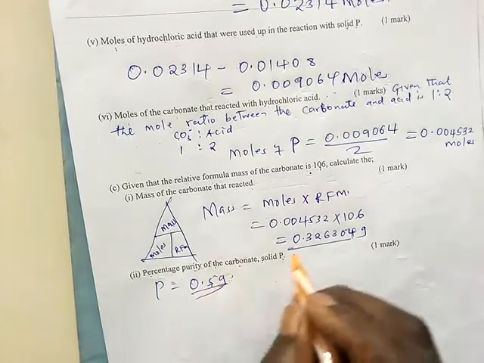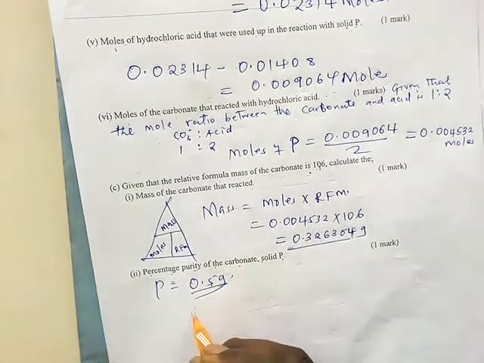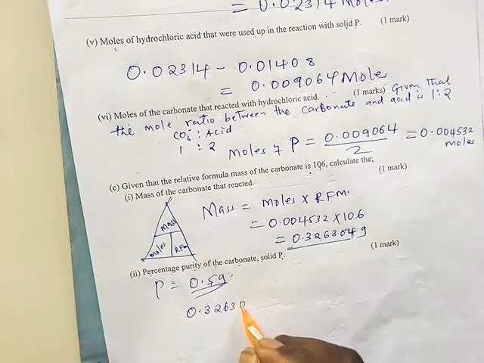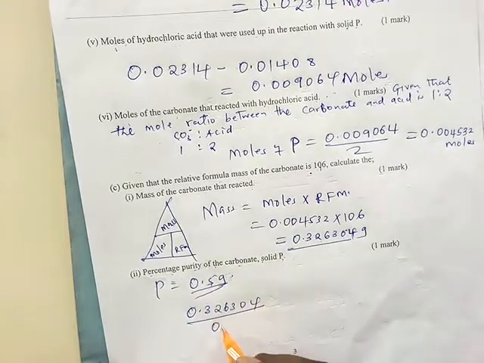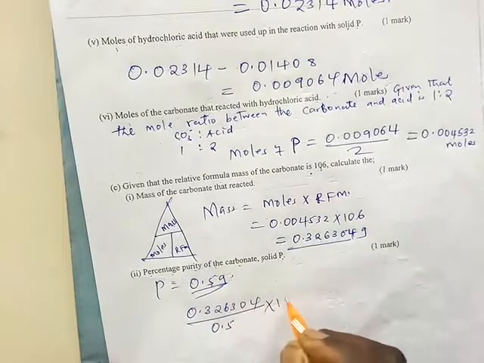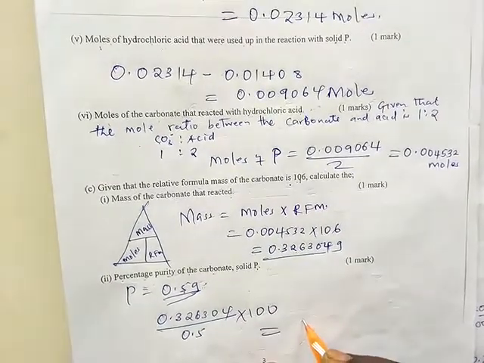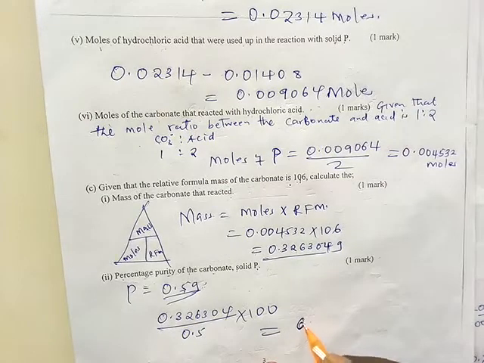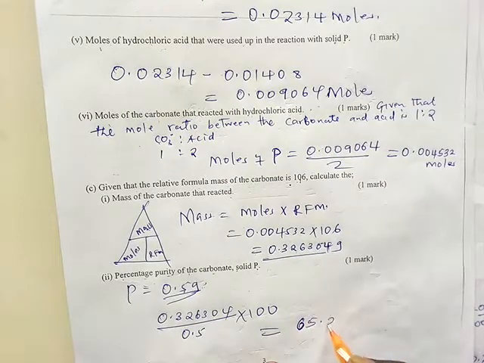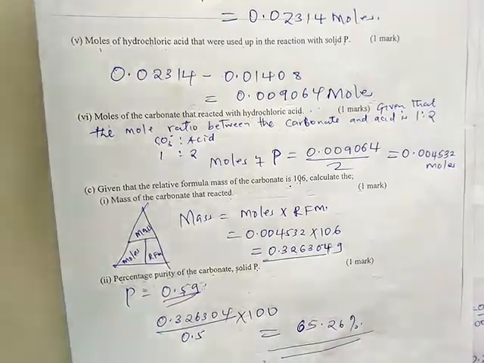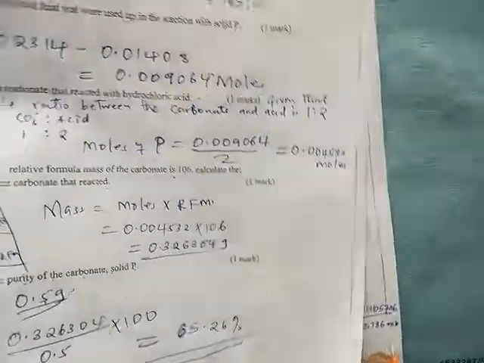So we put the pure, that is 0.326304 divided by the original mass times 100. That one gives you the percentage purity, which is 65.26%. Thank you for your time.